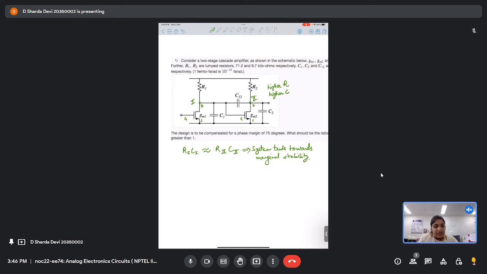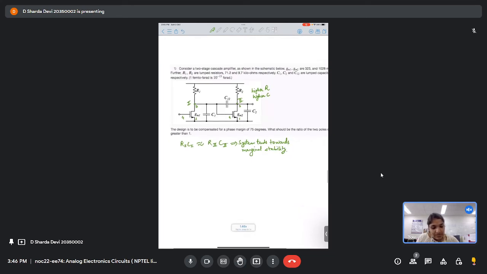So that's why it is necessary for us to have R2C2 upon R1C1 at least greater than 1, or much greater than 1. Ideally, this is the idea.